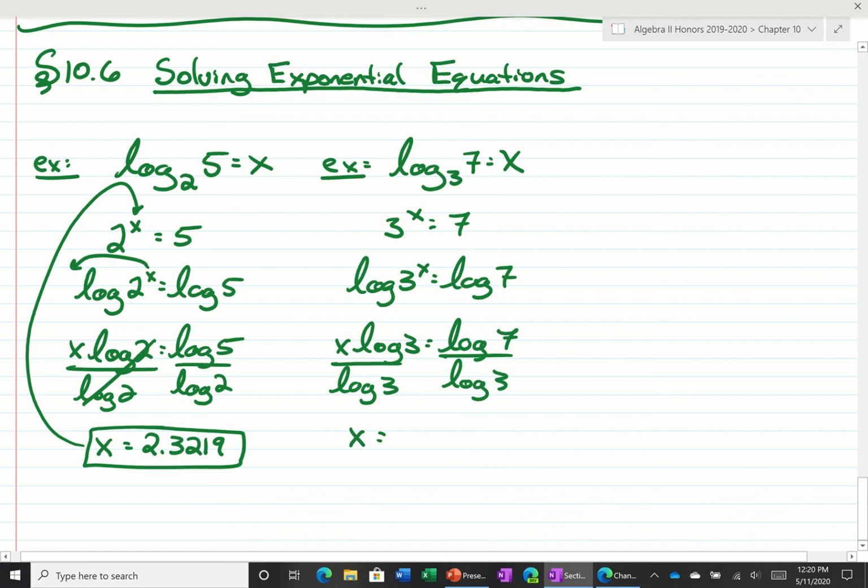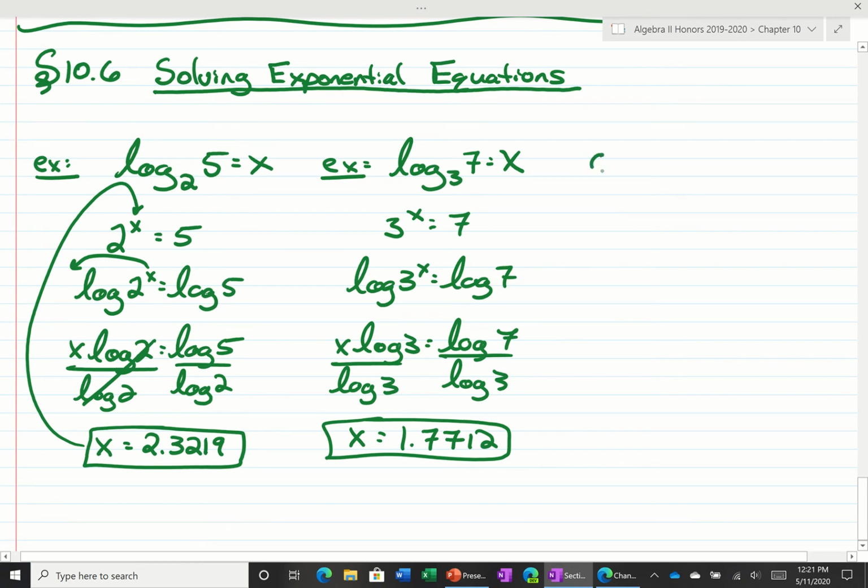And we'd get that x is equal to log 7 divided by log 3. This is 1.7712. But you could see we did pretty much the same exact steps as the last problem.